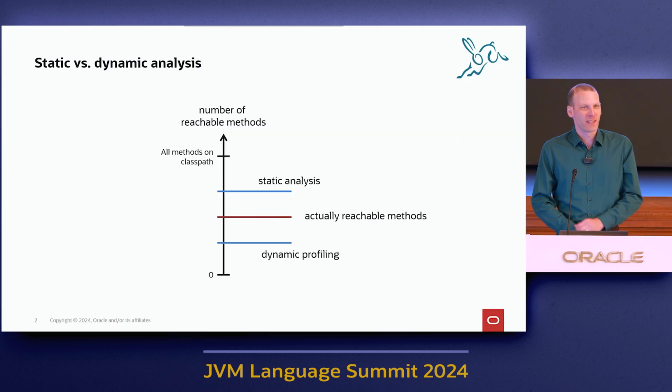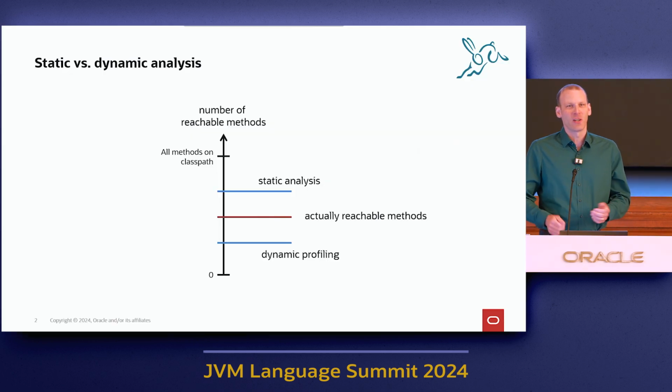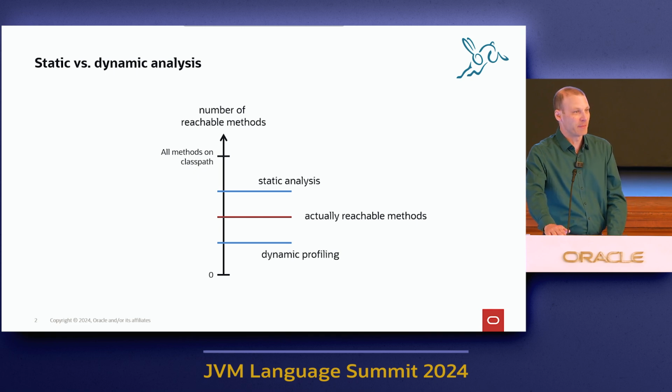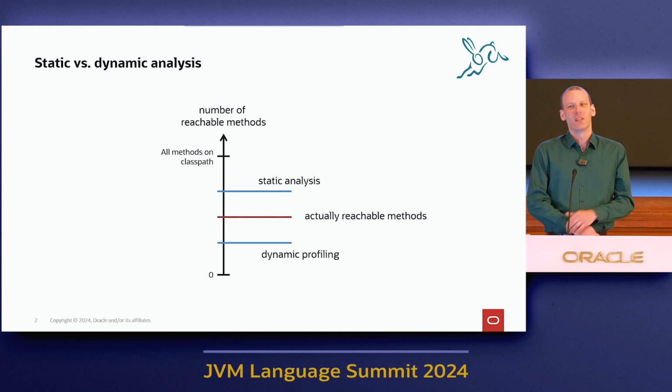First, to set the stage, what's static analysis, and especially how does it compare to dynamic analysis and dynamic profiling? Basically, when you have an application that's running, there's a number of methods that can be run in your application. You have lots of methods on the class path, but we all know not everything will be executed at runtime.